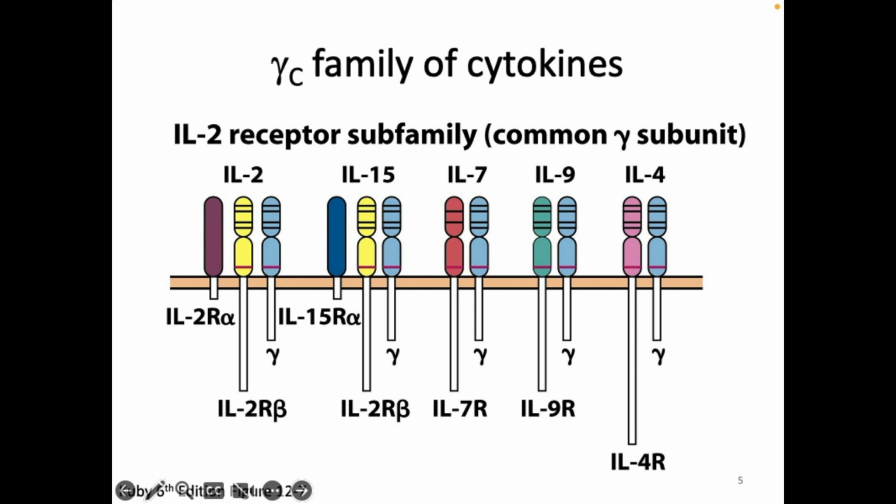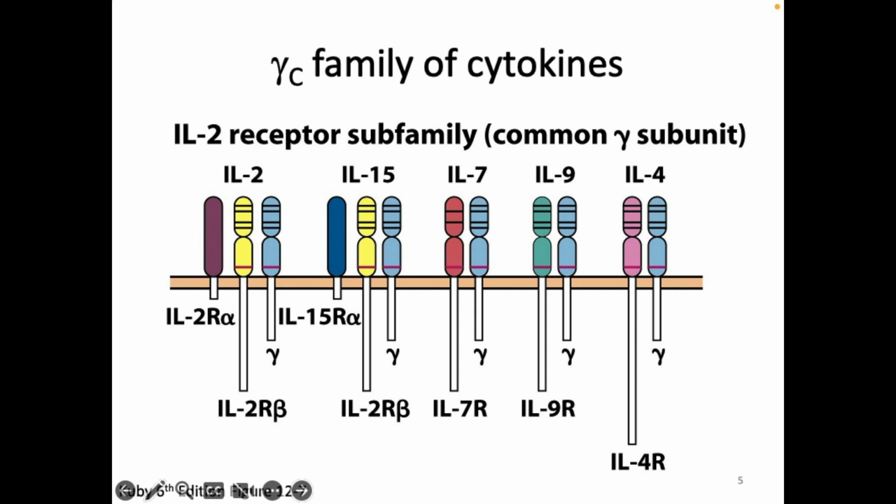And so they don't make this light blue protein. As a result, they don't have a receptor for IL-2. But they also don't have a receptor for IL-15. And they don't have a receptor for IL-7. And they don't have a receptor for IL-9. And they don't have a receptor for IL-4. And they don't have a receptor for IL-21, that's not shown here. So basically, their ability to respond to all of these cytokines is gone.